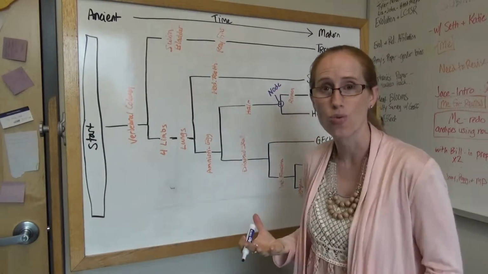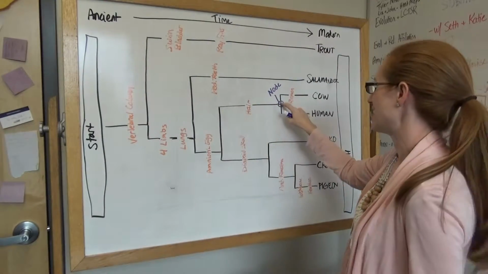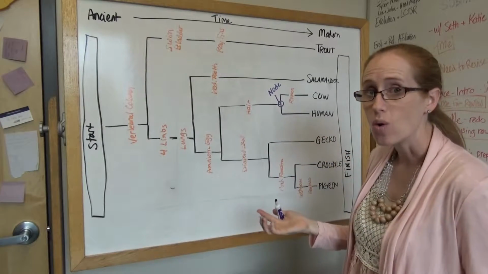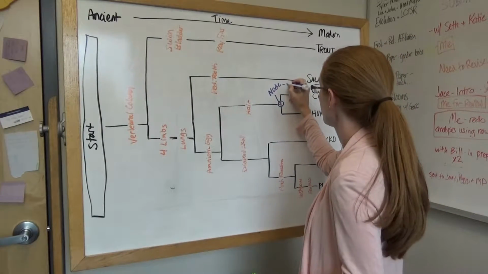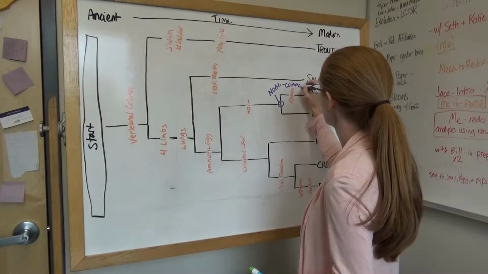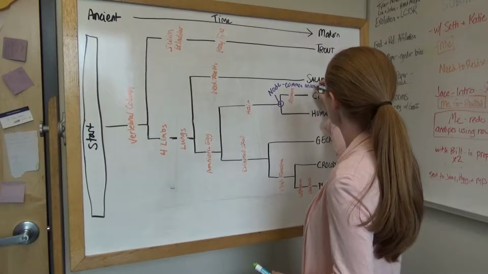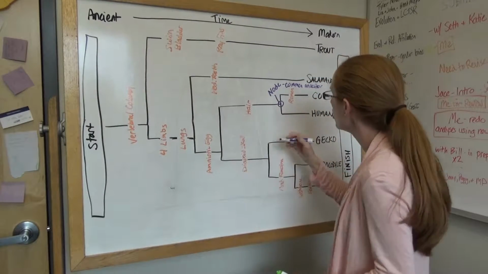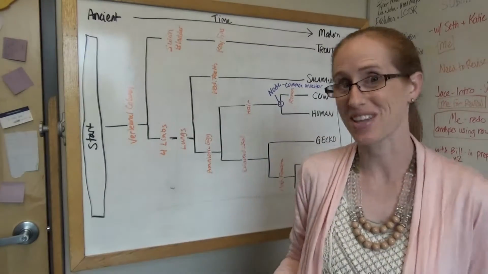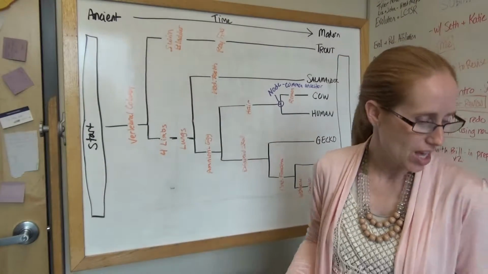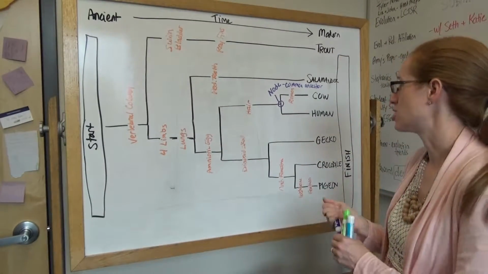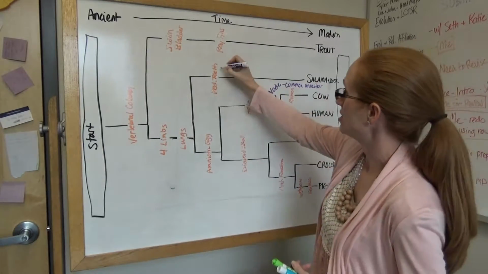And what does the node represent? Well, that node is a common ancestor. And in this case, this node is the common ancestor of who? It's the common ancestor of the cow and the human, right? So the node represents a common ancestor. Now, these are traits.